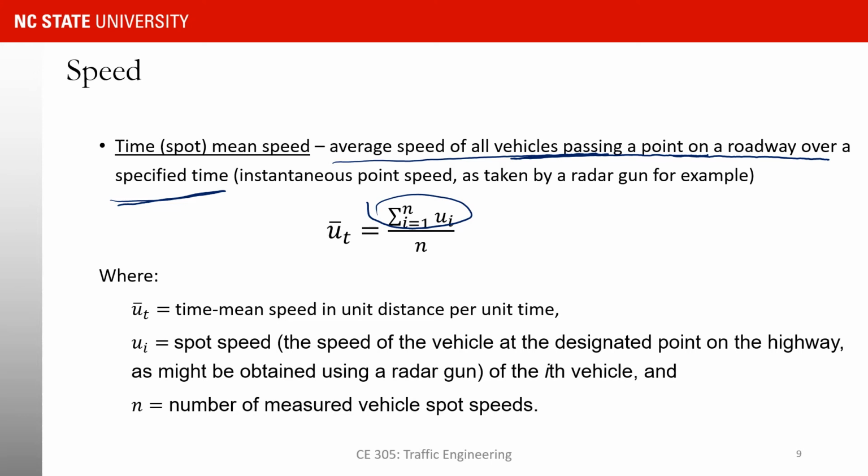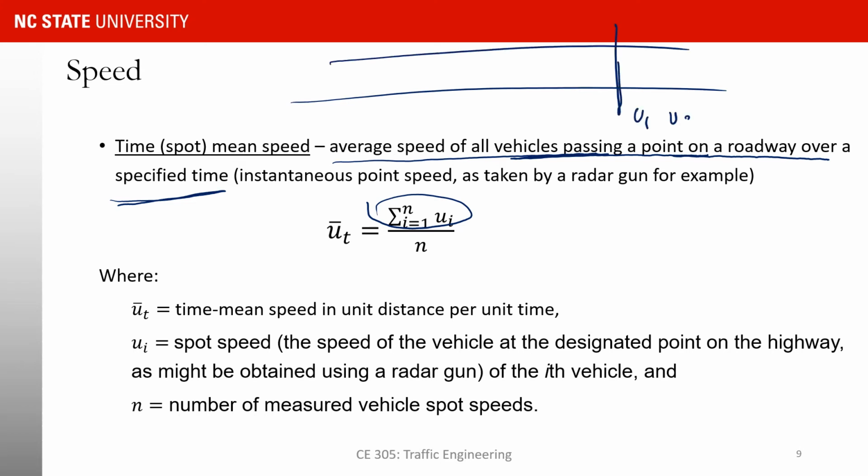Okay? So at this point, you measure u1, u2, u3, un. We say the summation of all of those divided by n is going to be time mean speed.